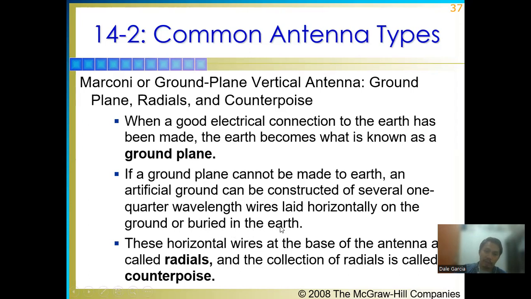So if 1/4 wavelength of the antenna is standing, the other exact 1/4 measurement is buried underground. I think that is better. These horizontal wires at the base of the antenna are called radials, and the collection of radials is called a counterpoise.